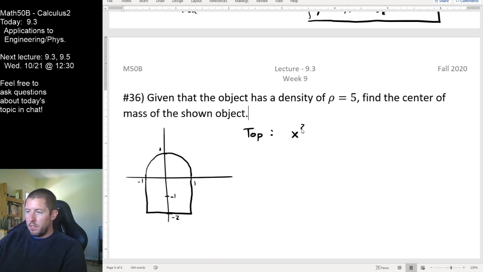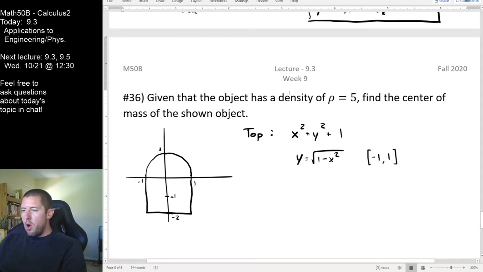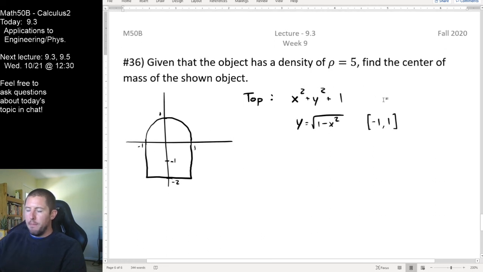So first things first, I might say that my equation that governs this top shape is x squared plus y squared equals 1, which we might rephrase as y equals the square root of 1 minus x squared. And we're looking at this on the interval from -1 to 1. And I might ask myself right away, do I know the center of mass of this top part already?